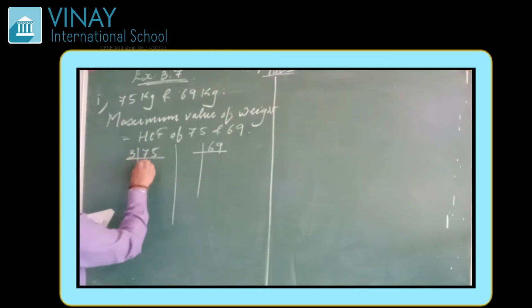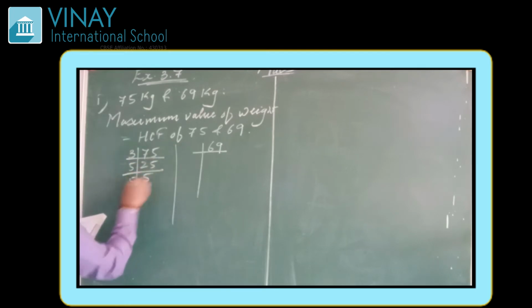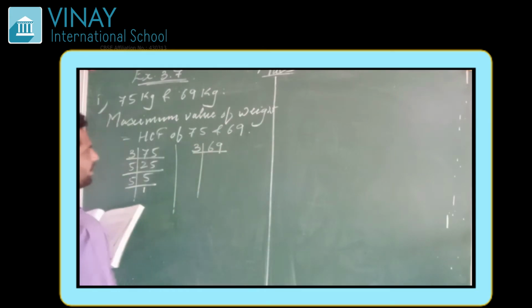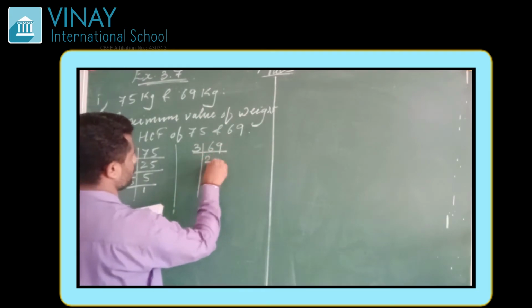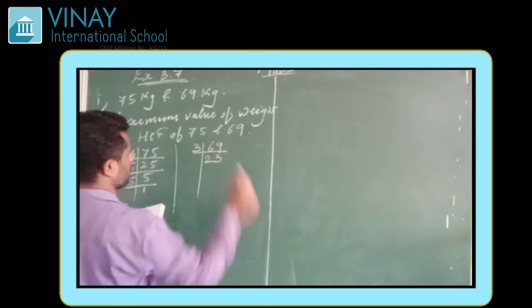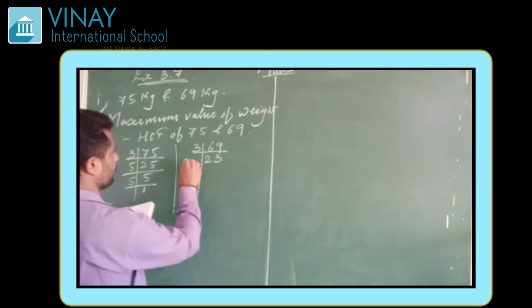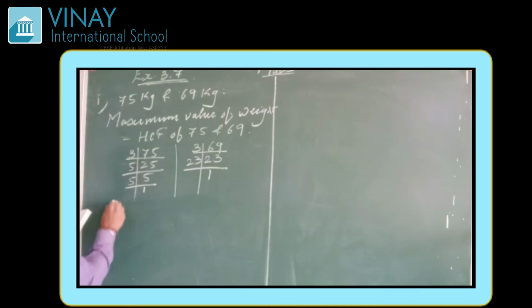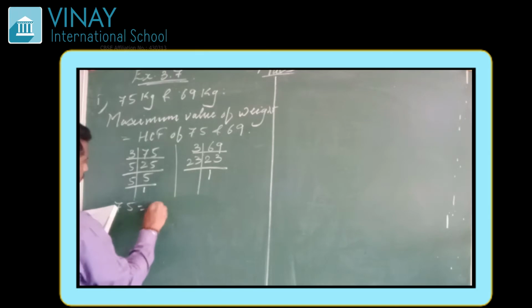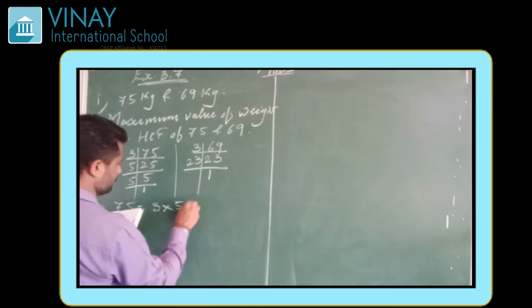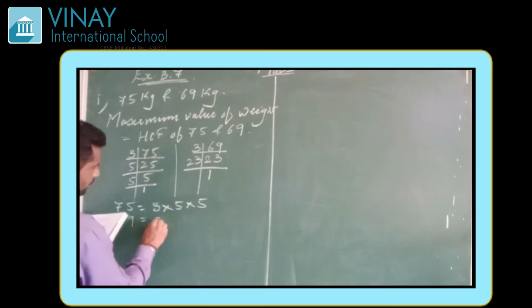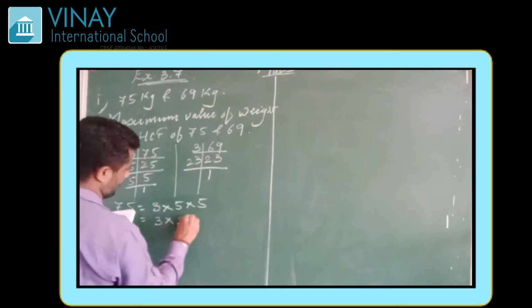75 is divisible by 3, giving 25, and 5 5s are 25. The same way 69 is not divisible by 2, it is divisible by 3, giving 23, and 23 is again a prime number. So 75 is equal to 3 into 5 into 5 and 69 is equal to 3 into 23.